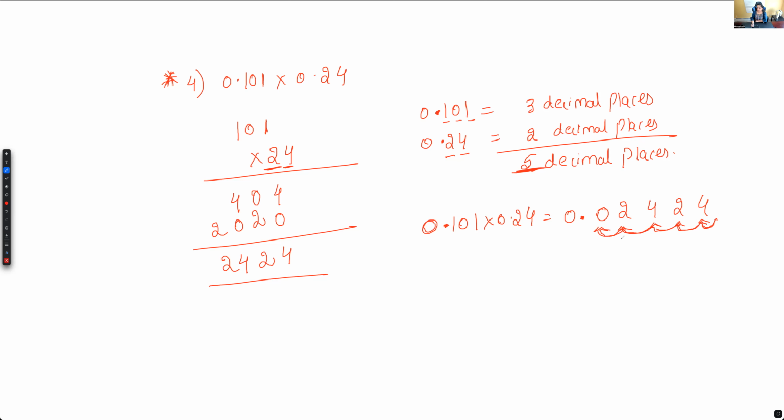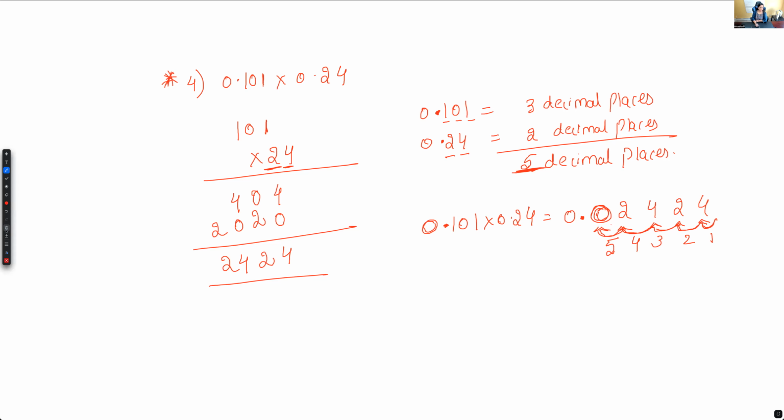Because we don't have a number there, you just keep a 0 and then the decimal point. I hope you understand here. Because of 5 decimal places, we are jumping the final answer 5 times to the left. Because we don't have the 5th digit, you keep a 0 and then the decimal point.